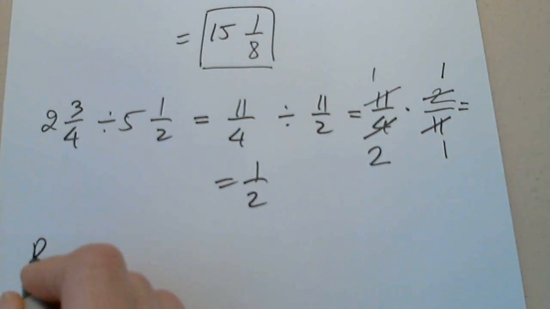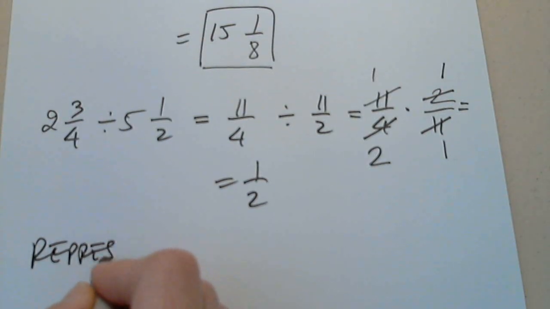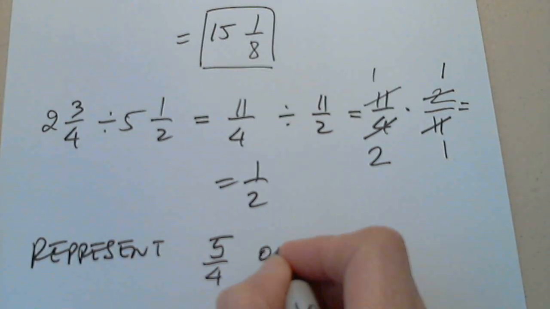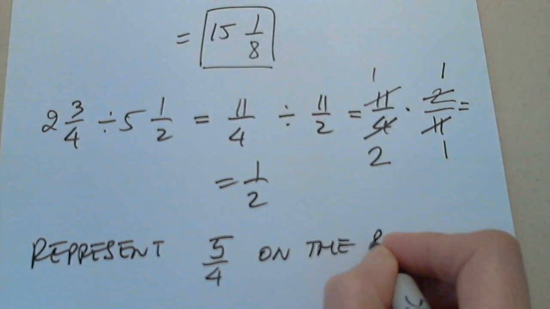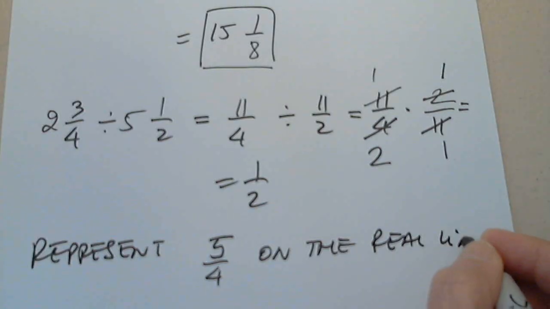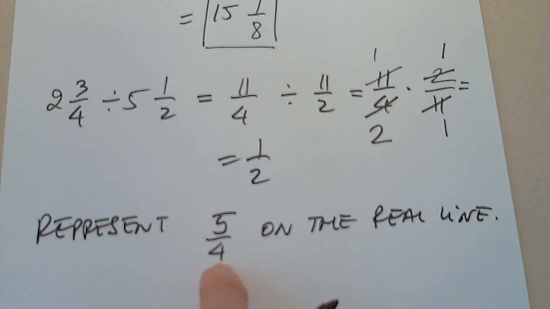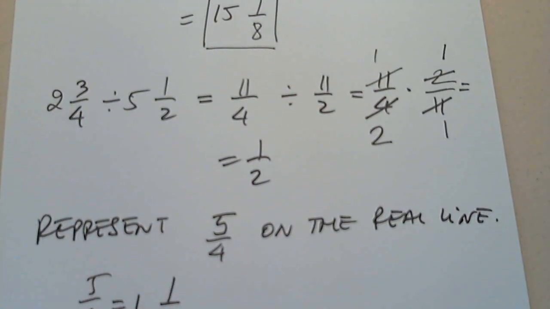What if we're asked to represent 5/4 on the real line? Okay, so first I will take the integers out, and 5/4 is 1 and 1/4.